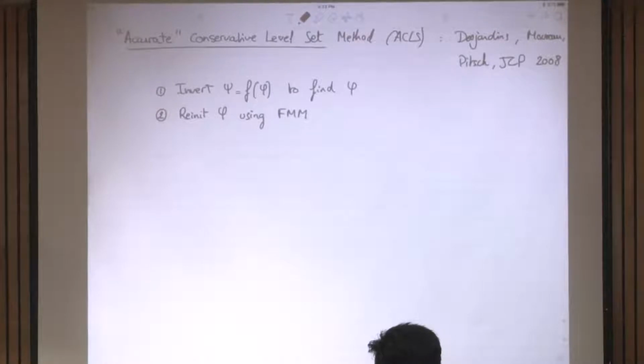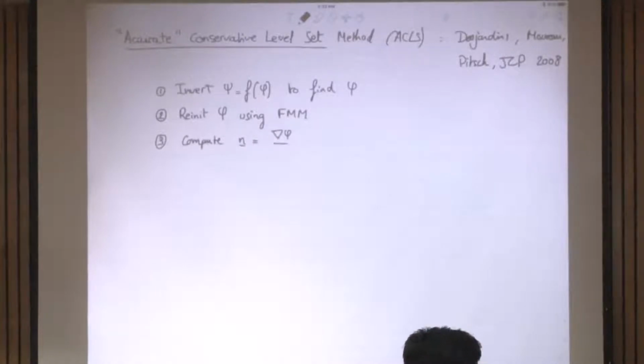Now I can compute the gradient from that and build a normal vector. So I'll get my normal vector from the gradient of that distance that's been cleaned up. Because I've cleaned up my distance, it doesn't exhibit any oscillations. It's all readily usable. My normal vector will be clean.